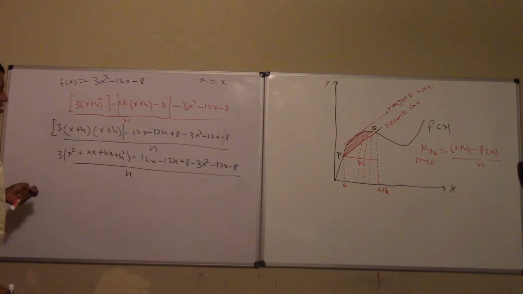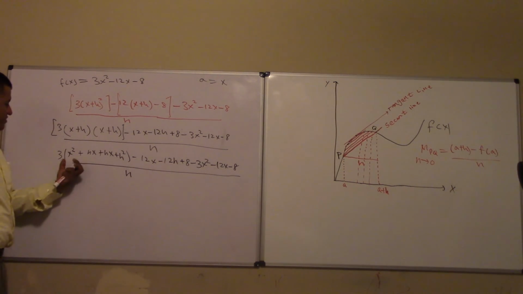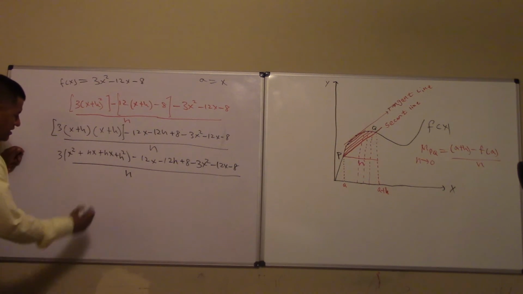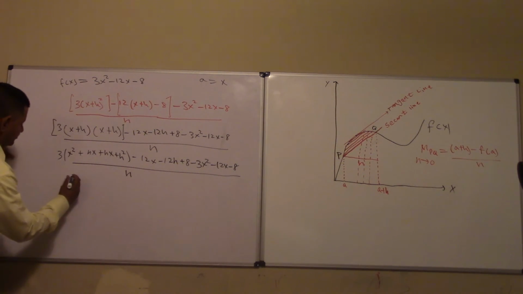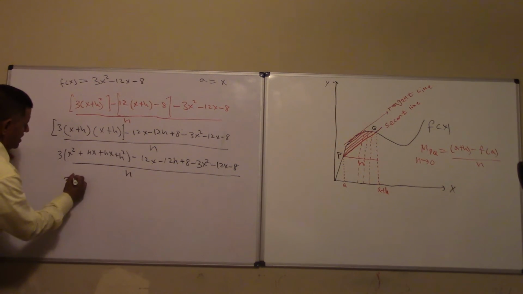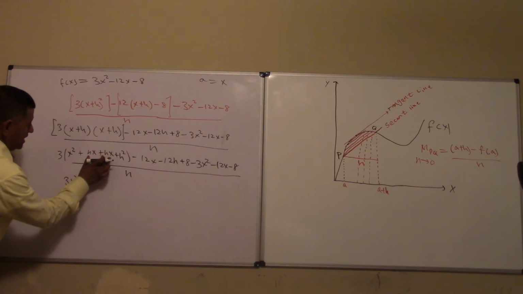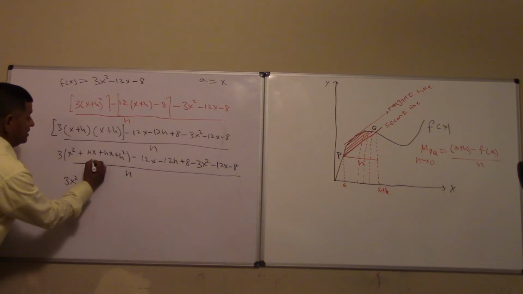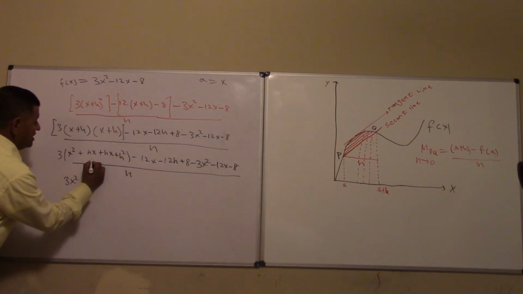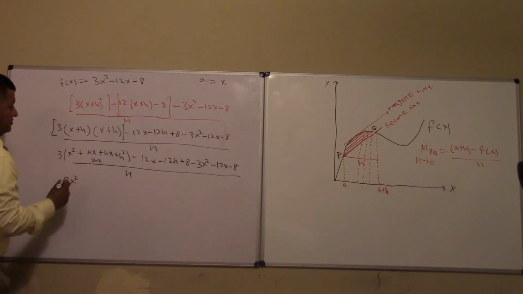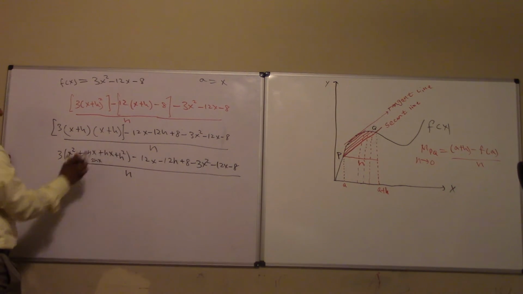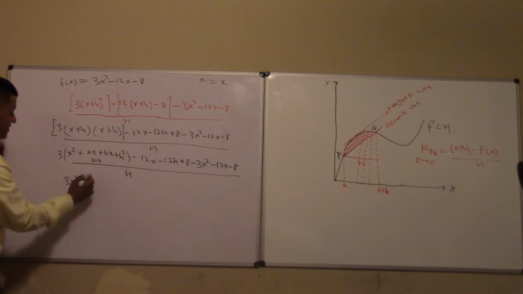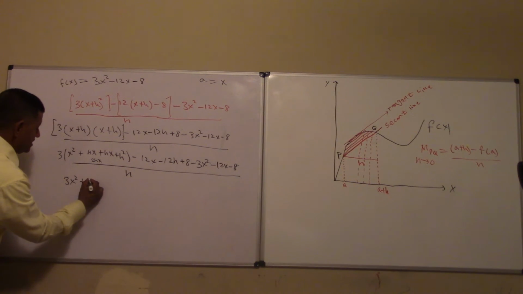Notice that now I can distribute that 3, and I get 3x squared, and add this together, this right here is 2hx. So when I distribute that, that becomes 6.